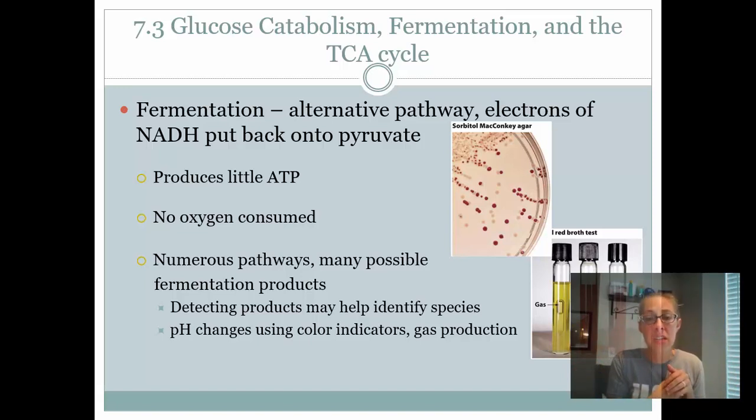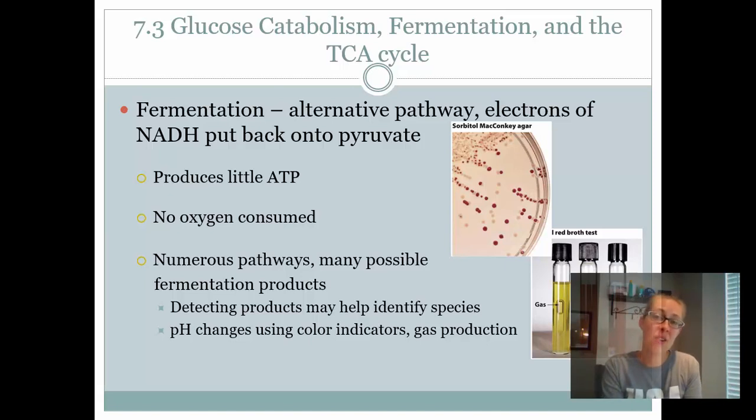Well, that's essentially the strategy that we're using when we use fermentation. We're not going to produce a lot of ATP via fermentation. But there are a lot of different ways in which bacteria can ferment some different sugars.